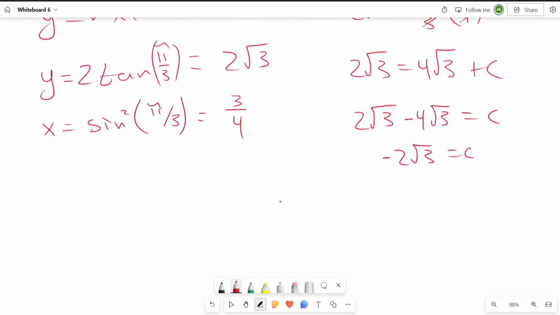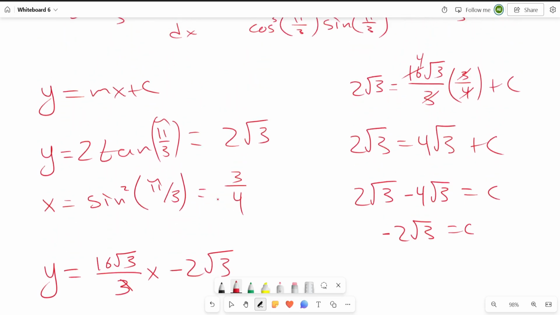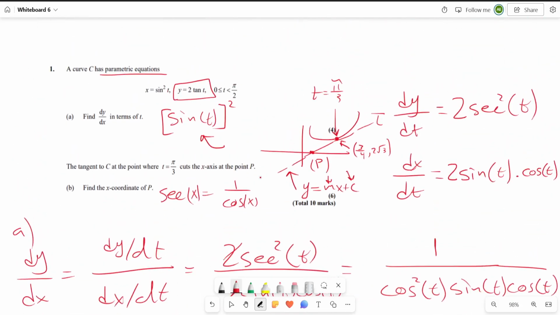So my c is negative 2 root 3, and the linear equation for my tangent line is going to be 16 root 3 over 3 x, minus 2 root 3. So this is my equation for this tangent line.